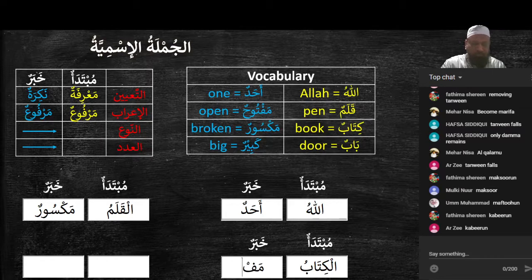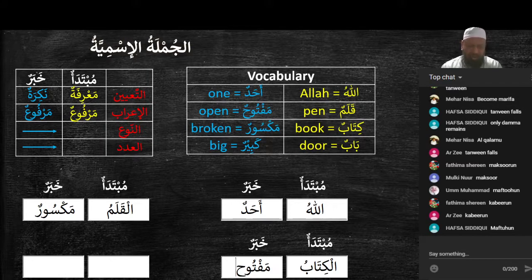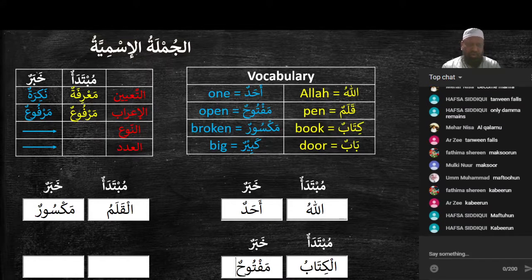Ma sukun, and we have maftuh. Apply the rule of khabar in terms of ta'yin, which is nakira. So let's make it nakira. Apply the second rule, which is al-i'rab, marfu'. We already have a marfu'.